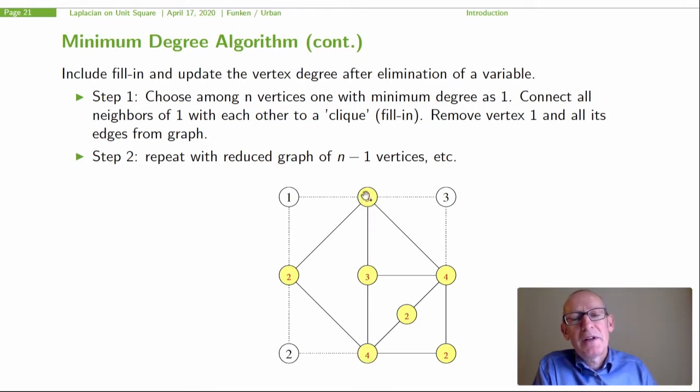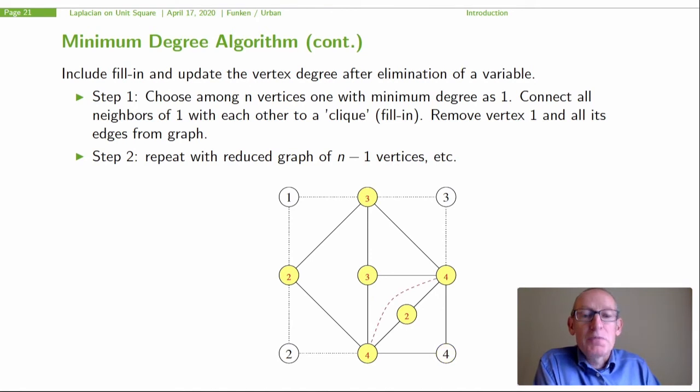So if this would be node number i, and that would be node number k, then we would have some fill-in at the entry a_ki or a_ik, depending which number is smaller or larger than the other.